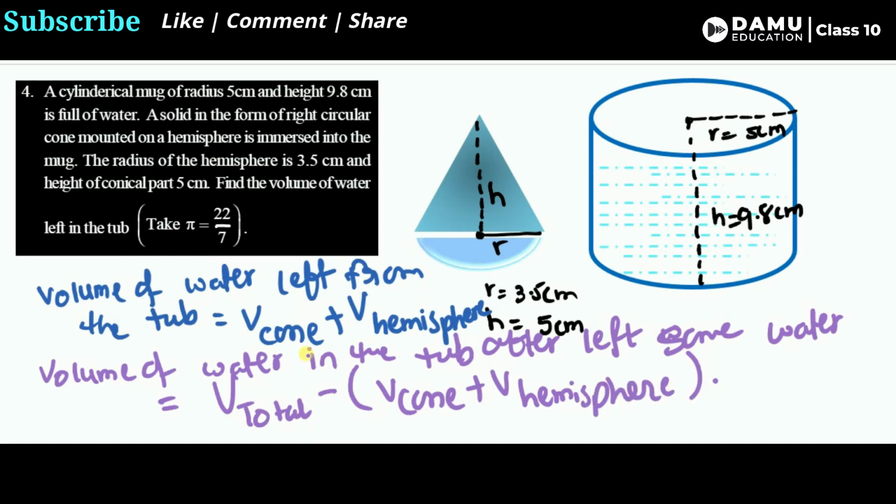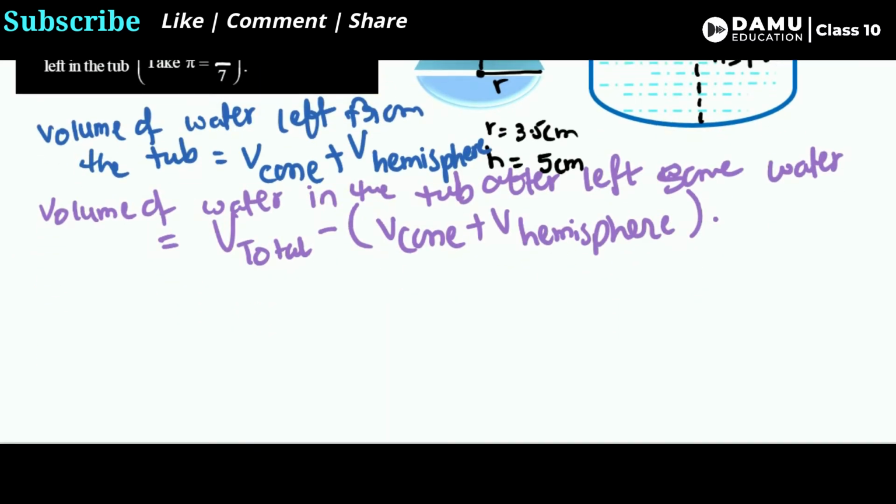So let's find the total volume of the water in the tub. First, let's take the total volume of the tub, V total of the water. At the first stage, what is the volume of the cylinder? That is pi r square h.